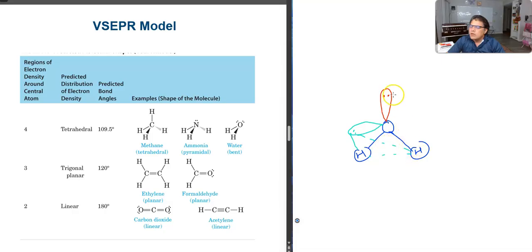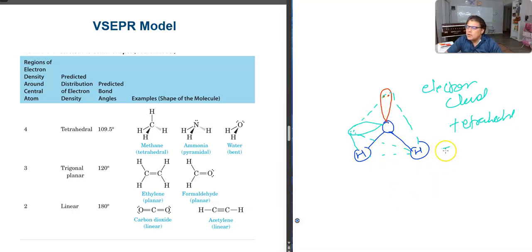So the electron cloud is tetrahedral, but what if you don't include the electron cloud? If the number of lone pairs is equal to 2, one is this and one is this. If you ignore these two lone pairs, what will the structure be? The structure of H2O is bent, right?